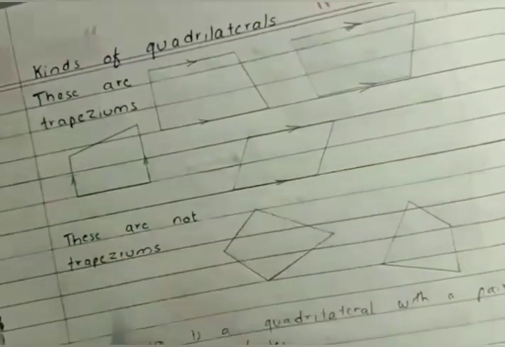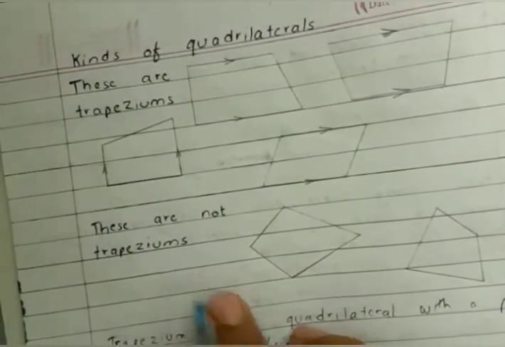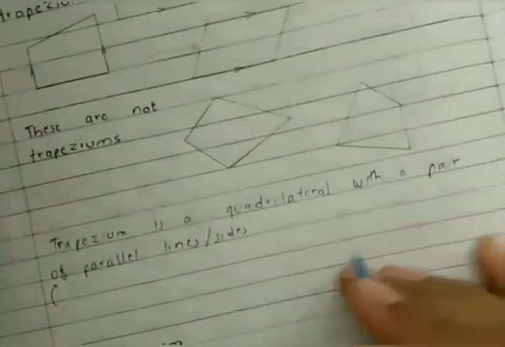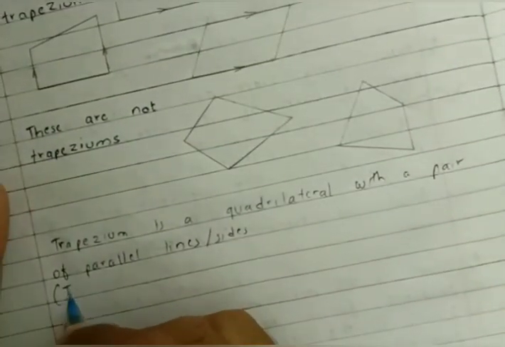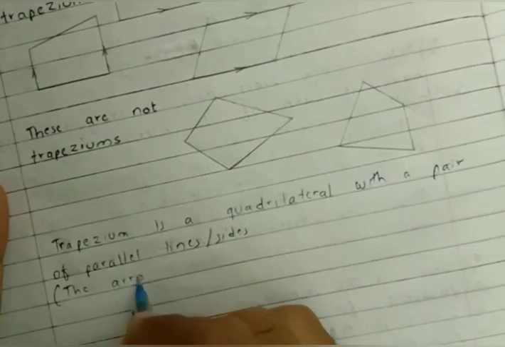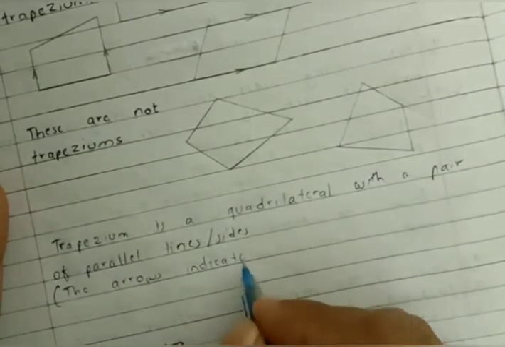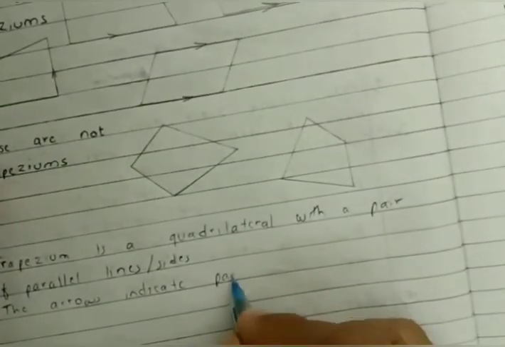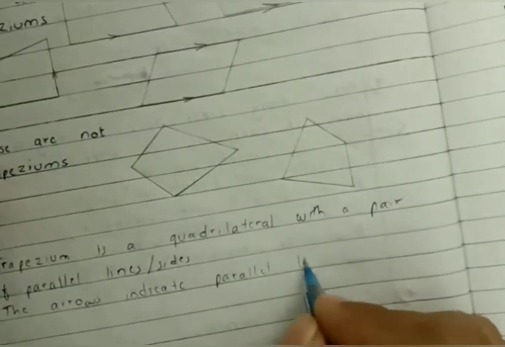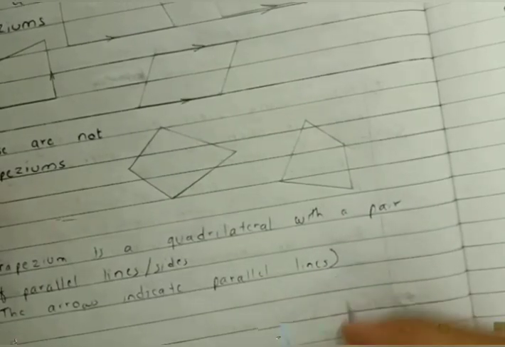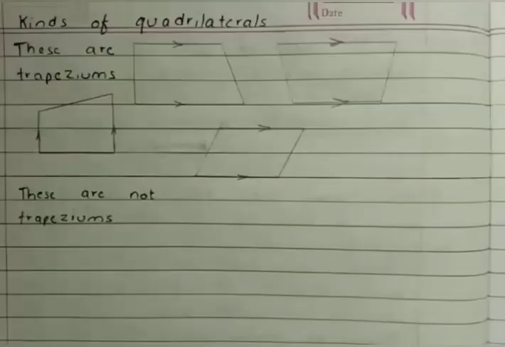These indicate the parallel line symbol. Okay, I'll write in the bracket: the arrows indicate parallel lines. They are just signs that both these lines are parallel.